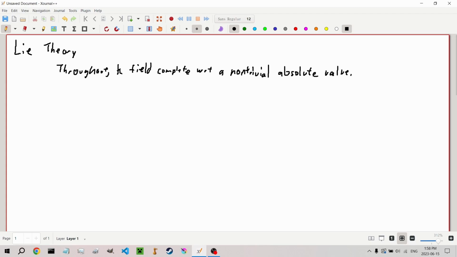Alright, and then next, our first topic is going to be the Lie algebra of an analytic group chunk. At the start of this series, I keep mentioning there's a relation between Lie groups and Lie algebras.